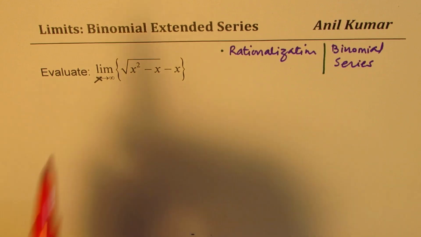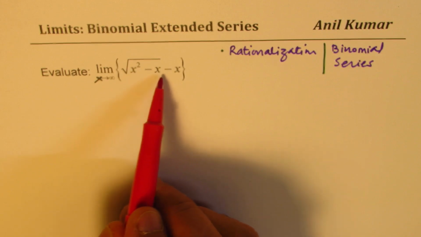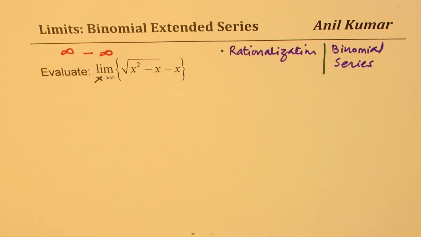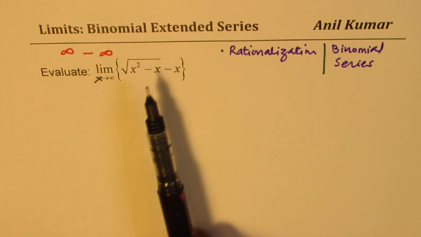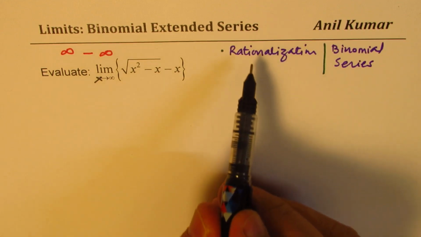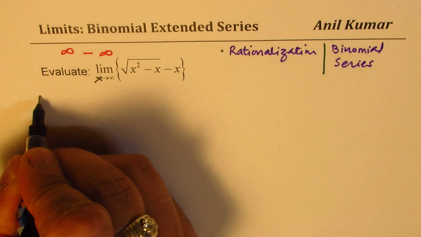Now if I substitute infinity for x, I get a form which is infinity minus infinity. So it is an indeterminate form. For any indeterminate form, you could use some techniques and then find a limit. So the limit might exist. That's the whole idea. So let's do rationalization and find the limit.